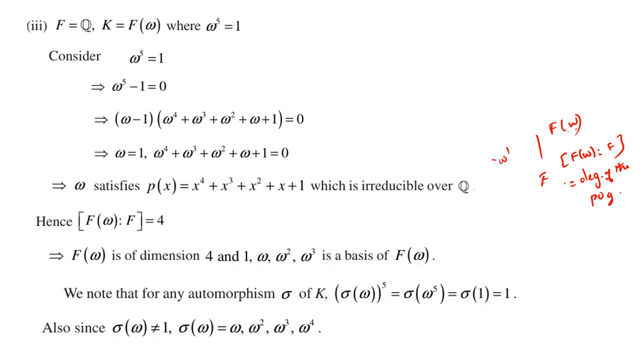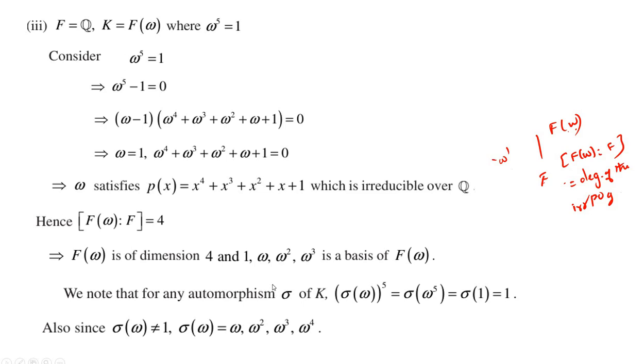So this says that F(omega) is of dimension 4. That means it will have basis elements consisting of 1, omega, omega square, omega cube.